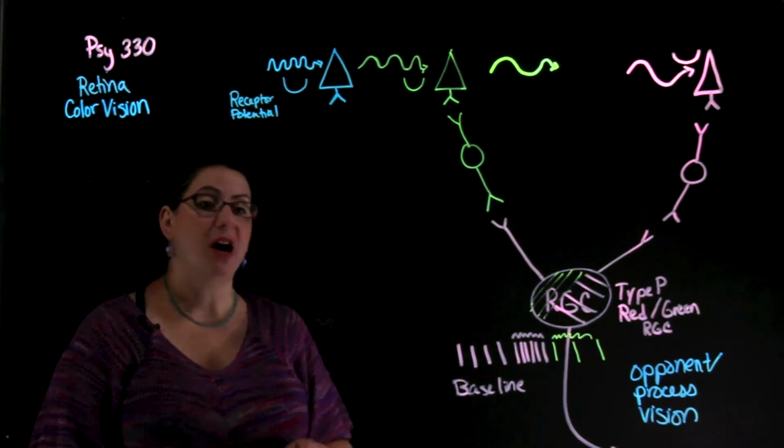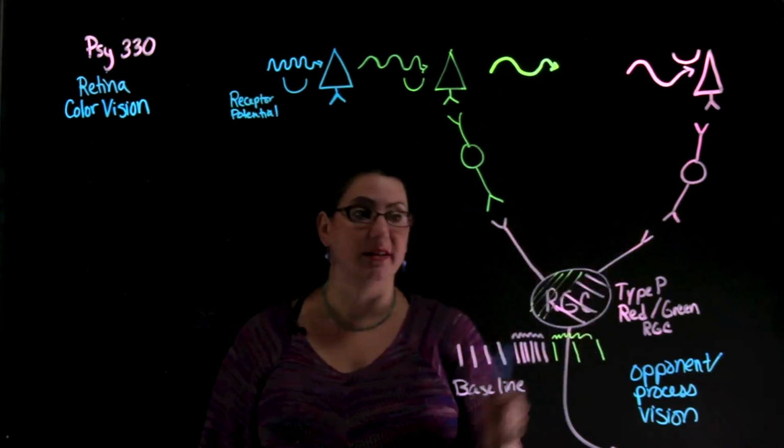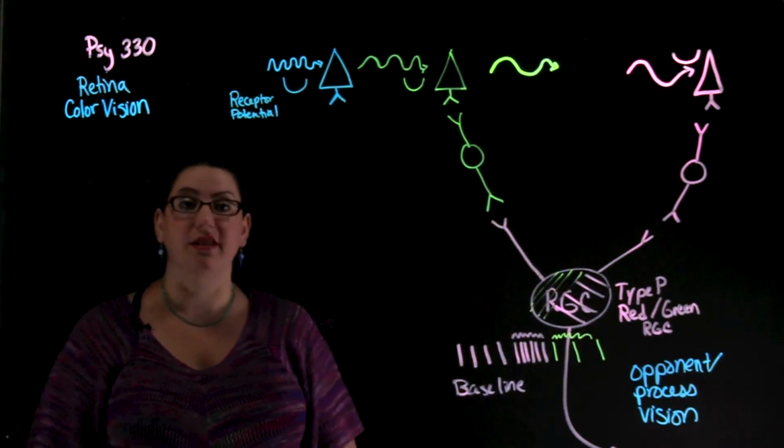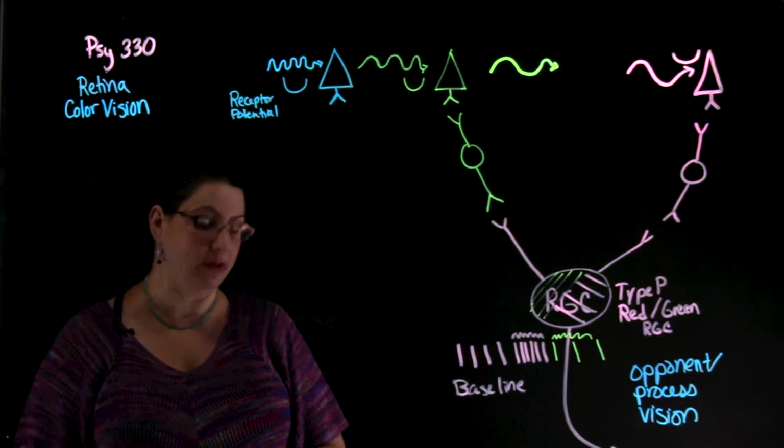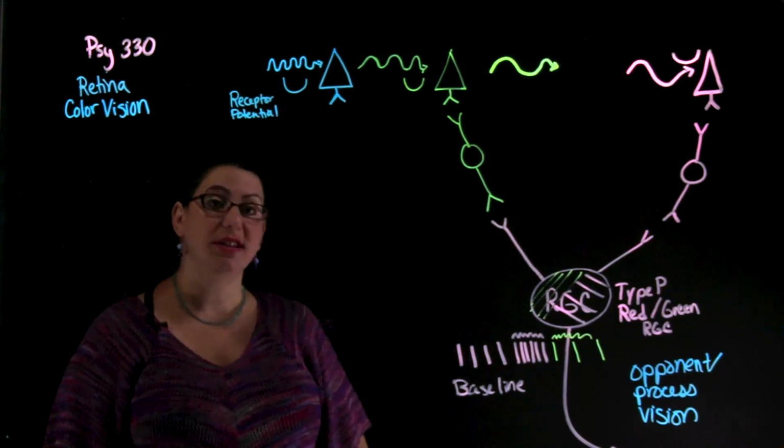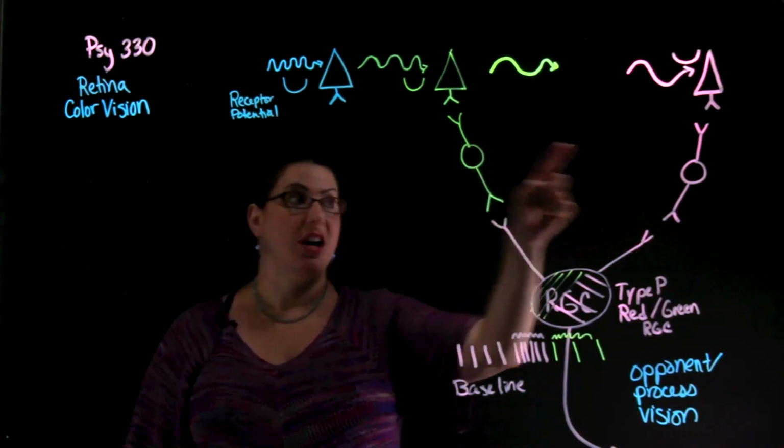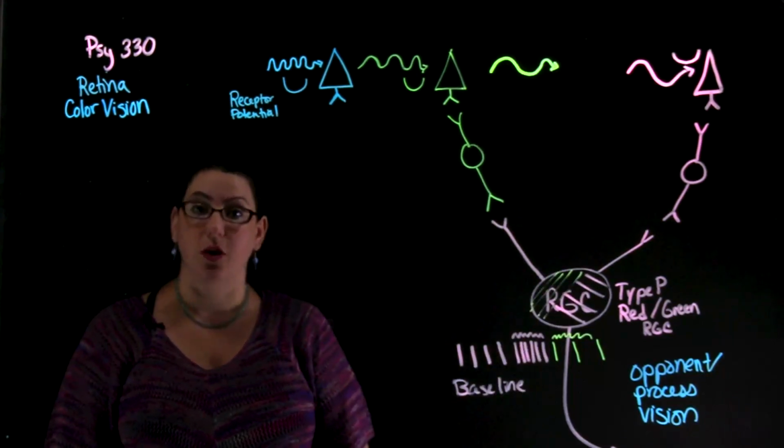Now let's talk about how it's possible for the red cell to excite and the green cell to inhibit the red-green retinal ganglion cell. The difference is based on which type of bipolar cell the cone connects with.